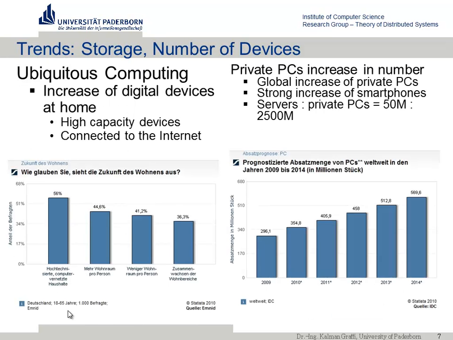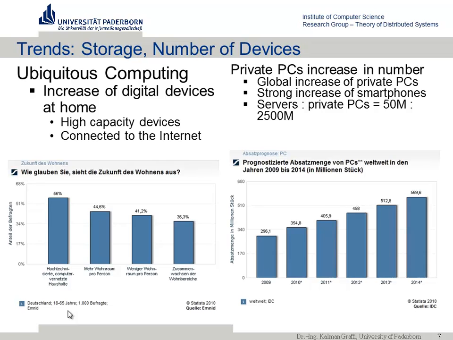Here we also have two German trends, which show that ubiquitous computing is coming. These are statistics from Statista from 2010, where they asked people how the future will look, and basically they said that in the future we will have even more devices at home.